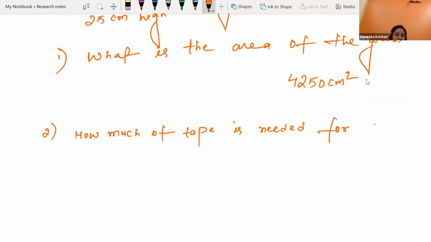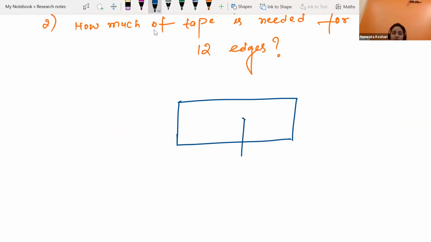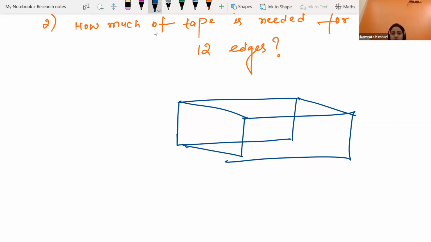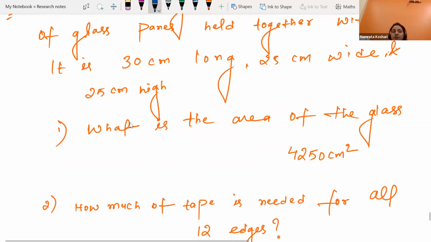Let me write it, then you can tell me your answer. For all 12 edges, how much tape is required? Let me draw a cuboid shape. Yes, it is 4250. Okay, it's perfect.